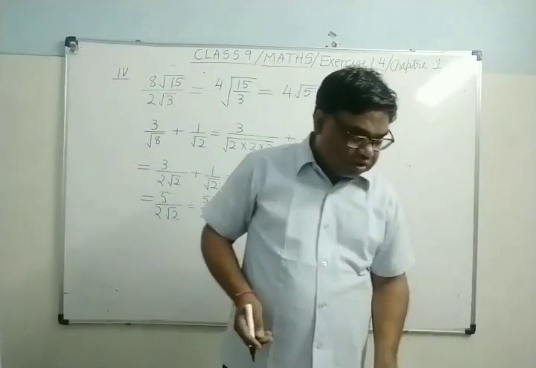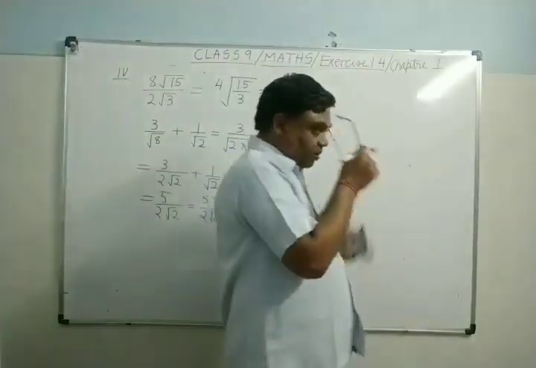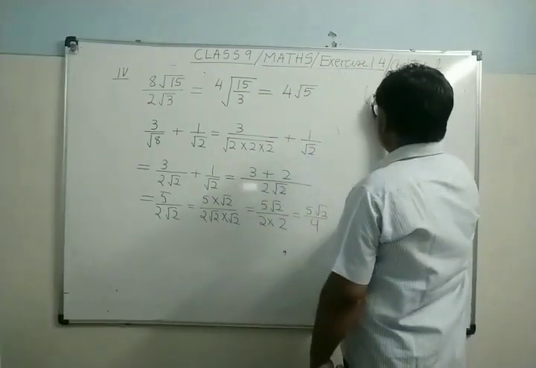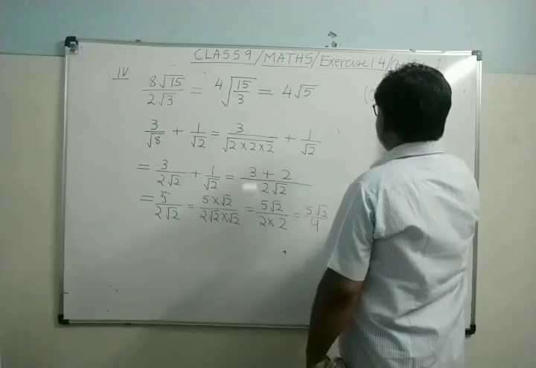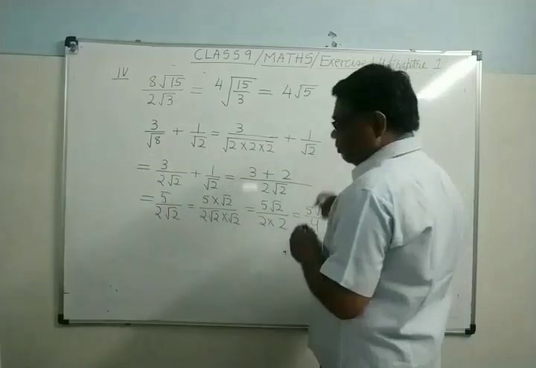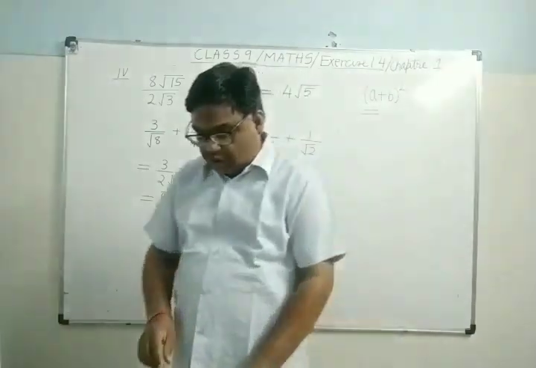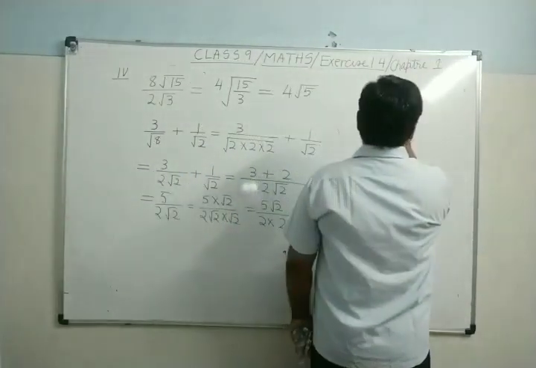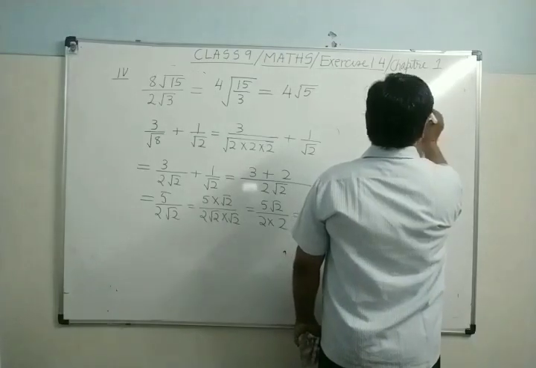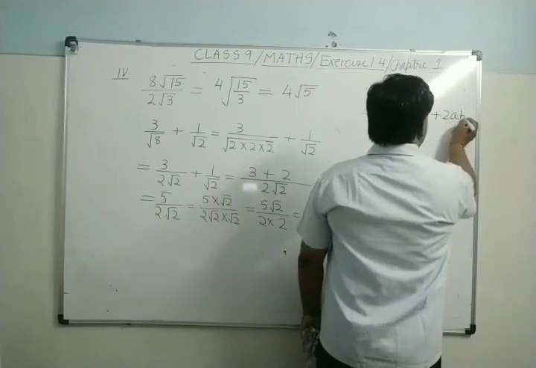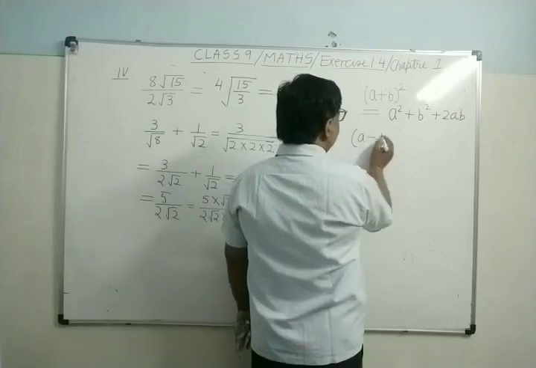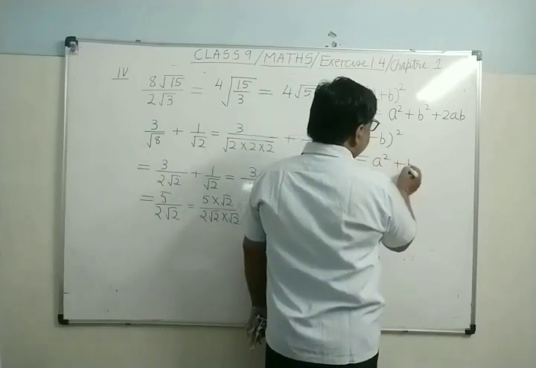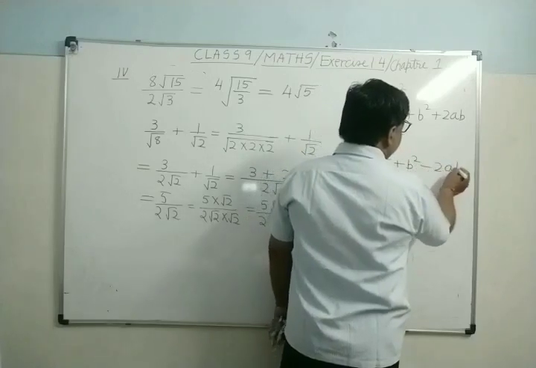Now you see question number 2. Now this question is based on these formulae. A plus B whole square, what is A plus B whole square? A square plus B square plus 2AB. Then A minus B whole square will be A square plus B square minus 2AB.